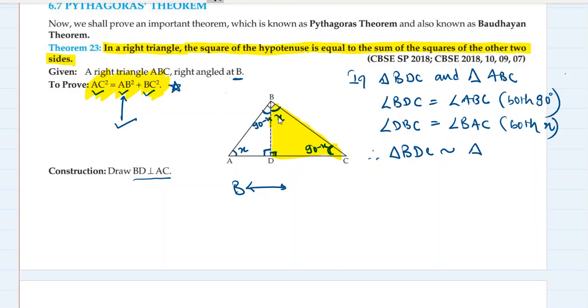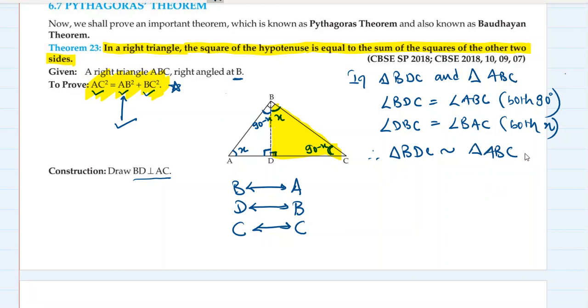In small triangle BDC, angle B is X. In big triangle ABC, angle A is X. In the small triangle BDC, angle D is 90. In the big triangle ABC, angle B is 90. In the small triangle BDC, C is 90 minus X. In the big triangle ABC, C is 90 minus X. So triangle BDC is similar to triangle ABC. That is the proper name according to similarity.